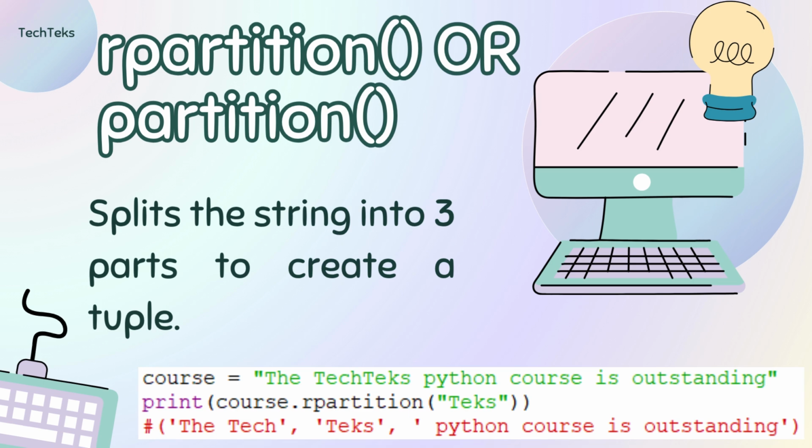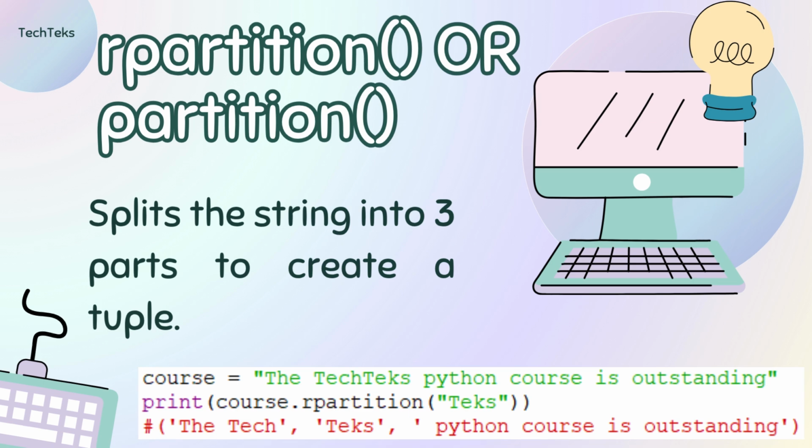So let's say I wanted to split the string at text. That text remains the middle item, the second, with index 1. The first part becomes the first item and the part after that specified value becomes the third item in the tuple.